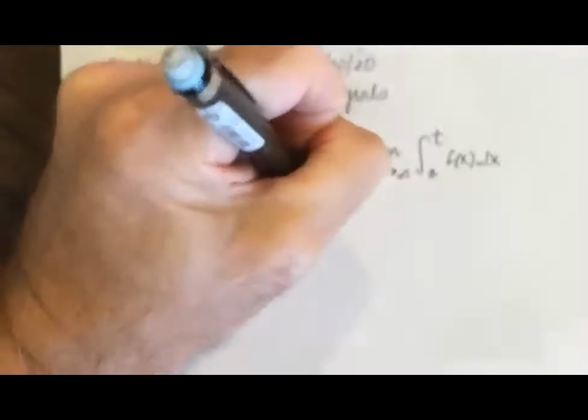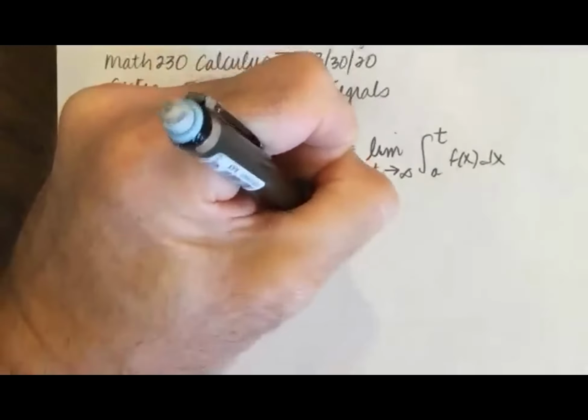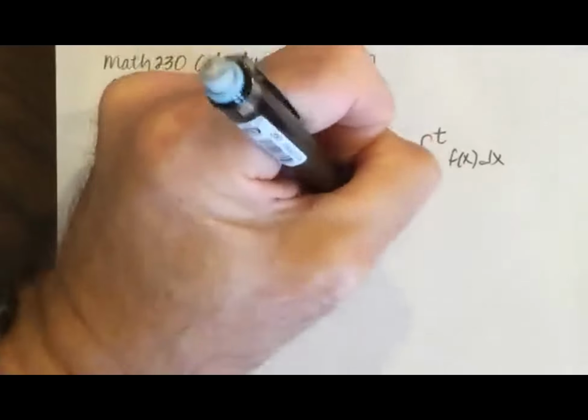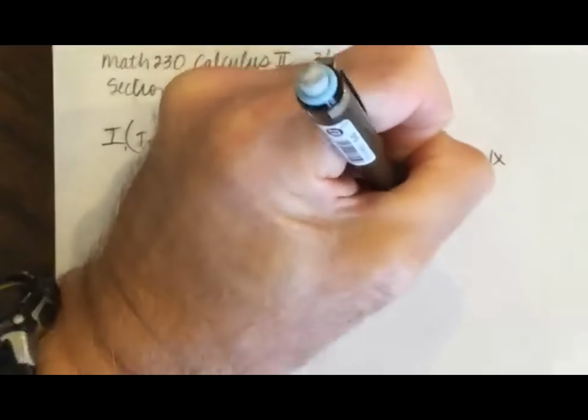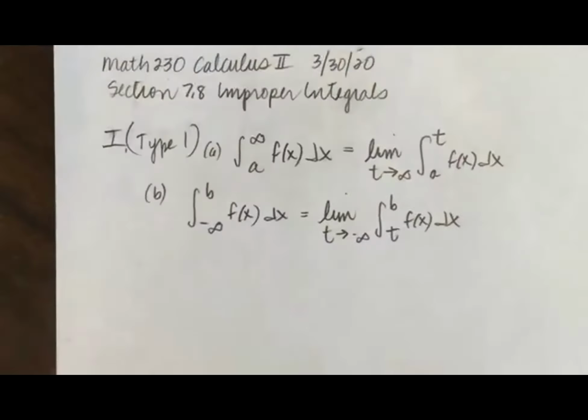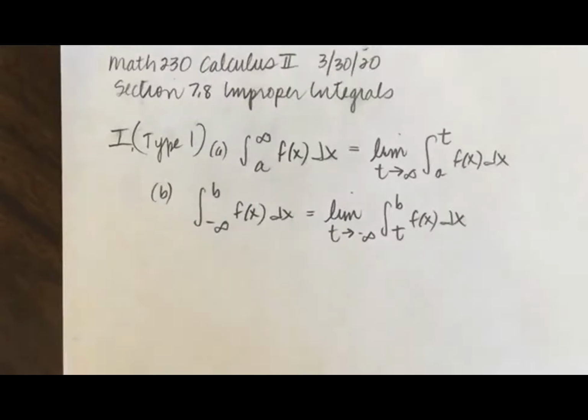This is the limit as t goes to minus infinity of the integral from t to b of f of x dx. So in terms of integration, there's nothing new here. And really in terms of the whole problem, there's nothing new. You have an antiderivative problem with a limit problem tucked on the end of it.